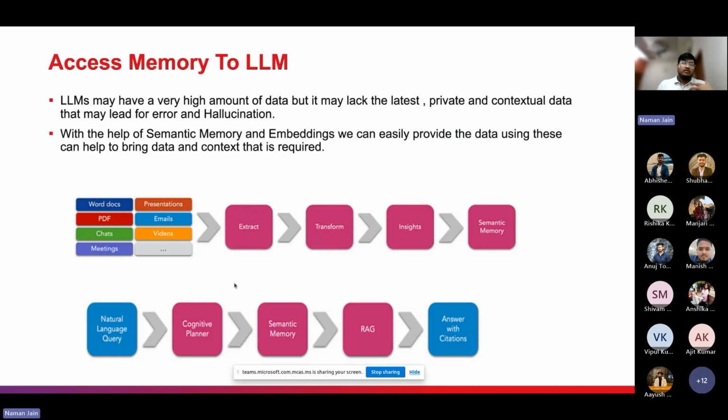Now comes the part where, let's say, you are using your private data or more new data has been provided. Let's just suppose you have an updated database over which you want to provide something. Then semantic memory comes into place, where with the help of semantic memory you would be providing augmented search. You can have cognitive search also. With Azure Cognitive Search, you can provide your own documentation and all.